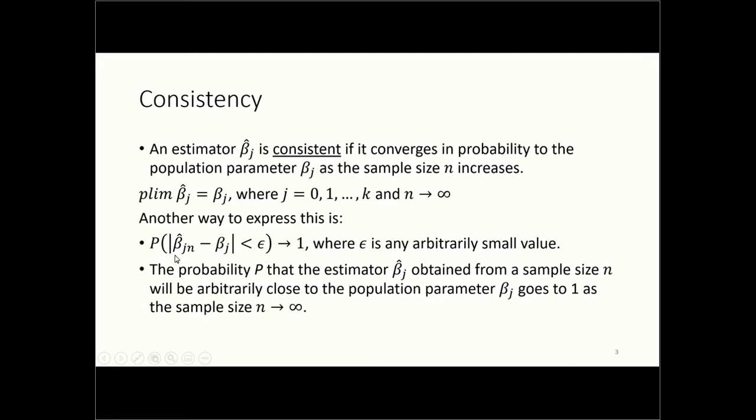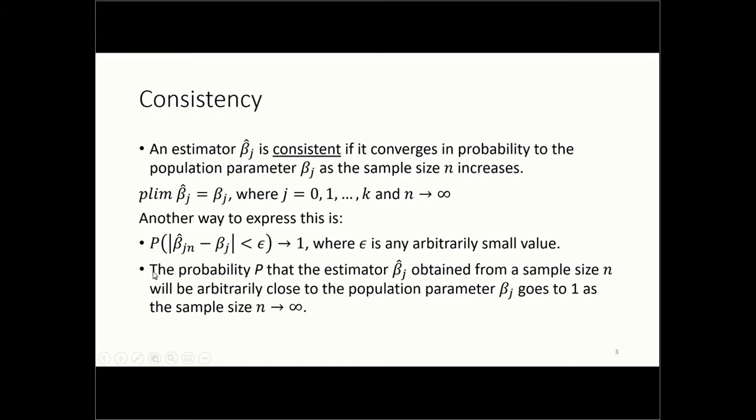So the difference between the estimator and the population parameter can be made less than epsilon, where epsilon is any small value. So that probability goes to 1. So give me any arbitrary small value, and we can make the sample coefficient become arbitrarily close to the population parameter by just increasing the sample size.